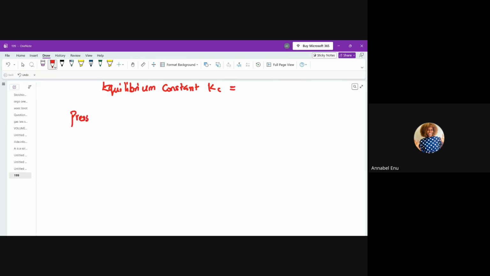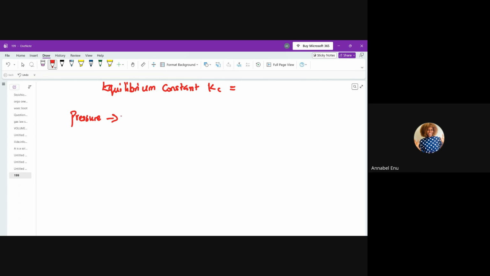In equilibrium, pressure should always be looked at in respect to gases. So if we are seeing an equilibrium equation, we should focus on the gases, and also we should look at the number of moles.